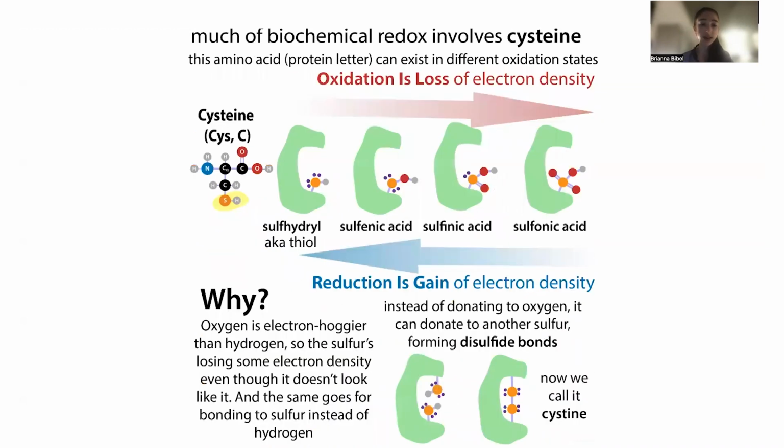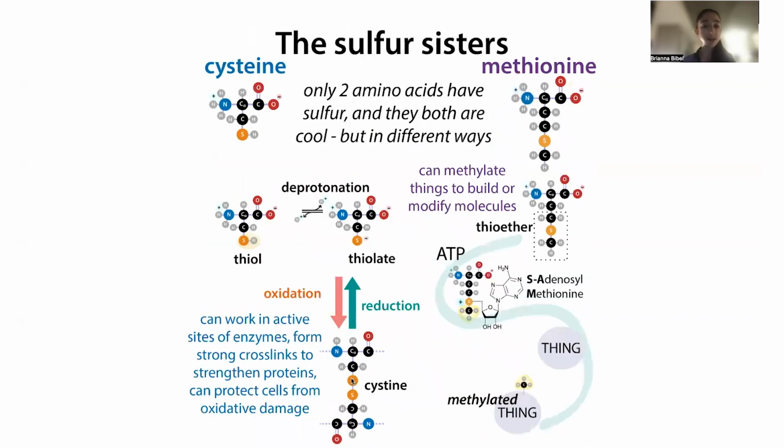And so you can get these temporary permanent bonds, if that makes sense. They're covalent bonds, but they're easier to break. And so these crosslinks are why you add a reducing agent like DTT or BME to your buffers in the lab. But basically, yeah, so cysteine can form those crosslinks.